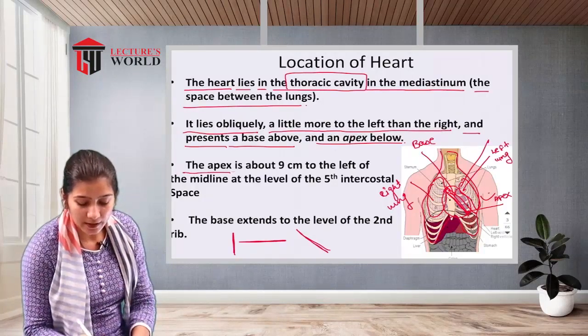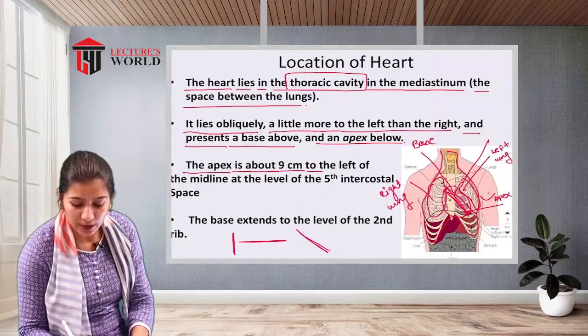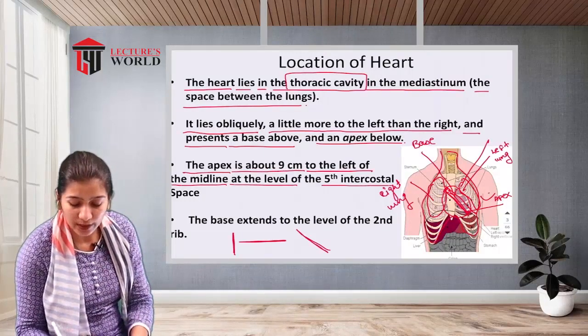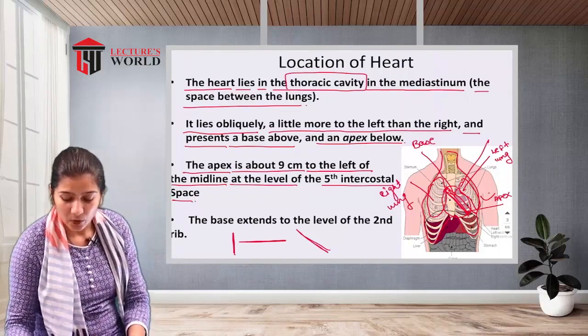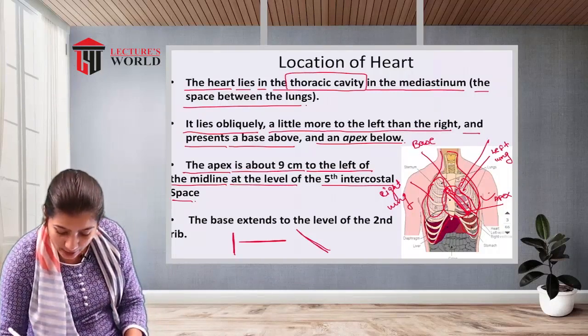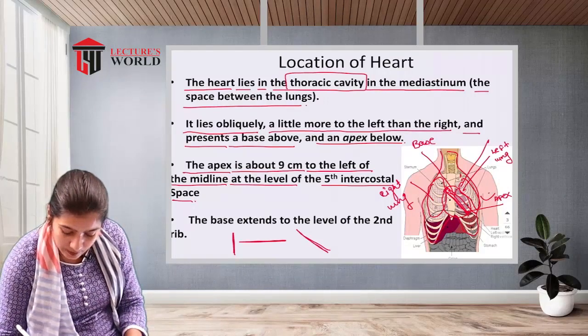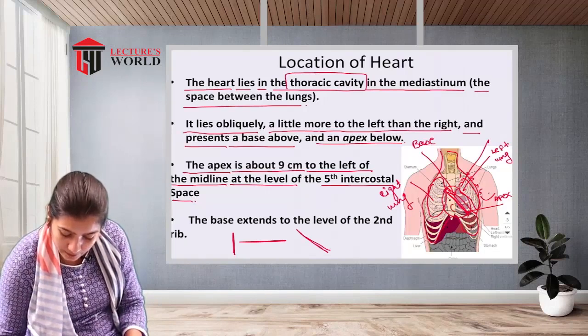The apex is about 9 cm to the left of the midline at the level of the 5th intercostal space. You can see here the first intercostal space, the second, third, fourth and fifth.